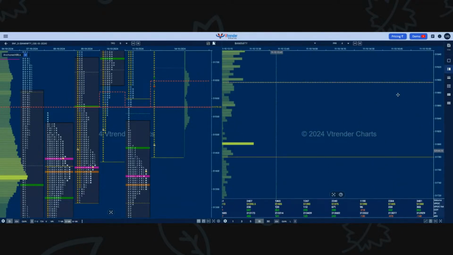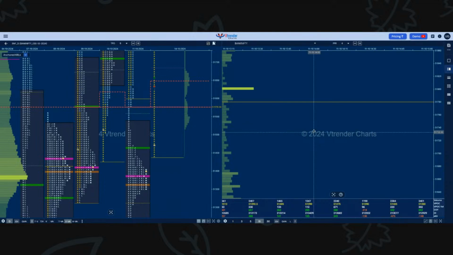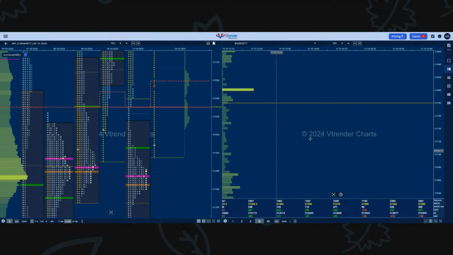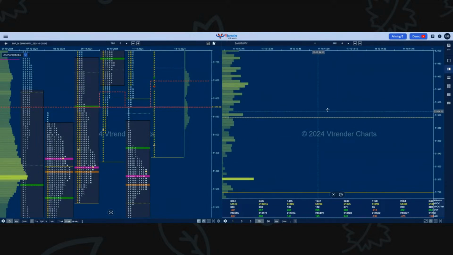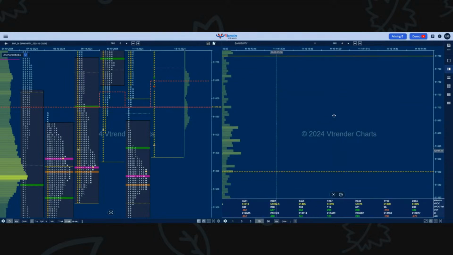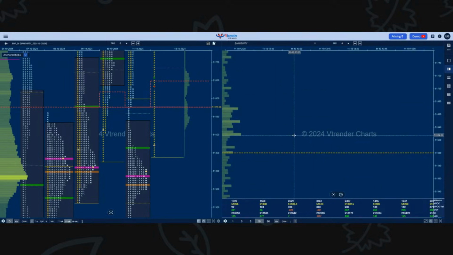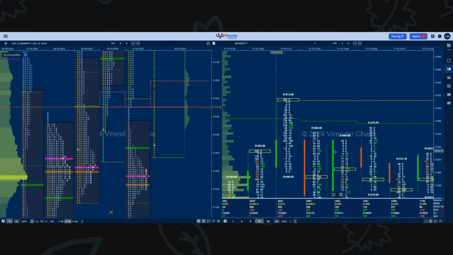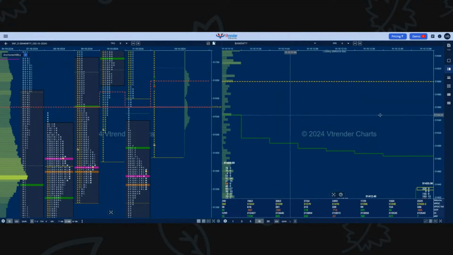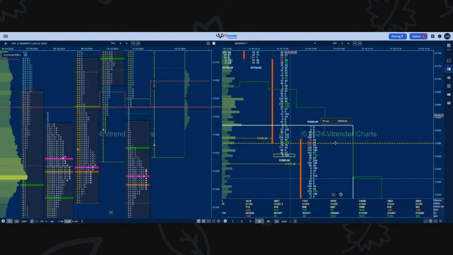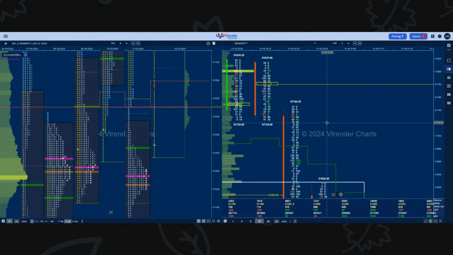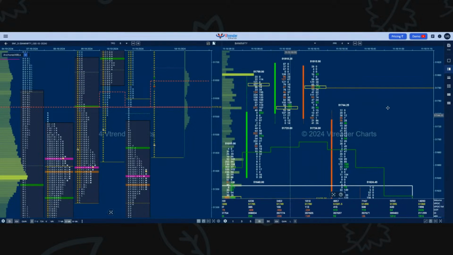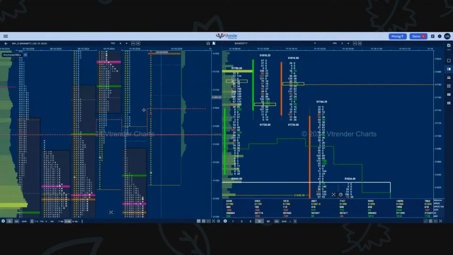So I'll just quickly take you to the order flow chart of what happened on Friday.